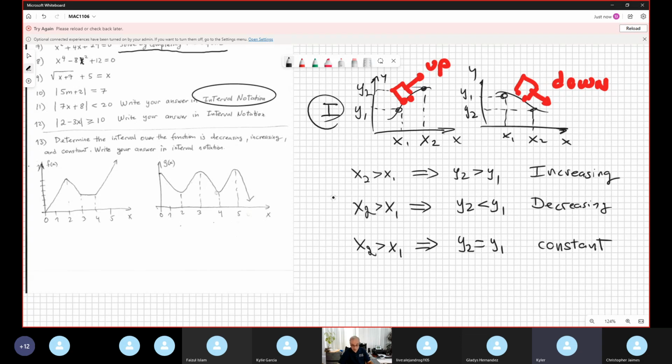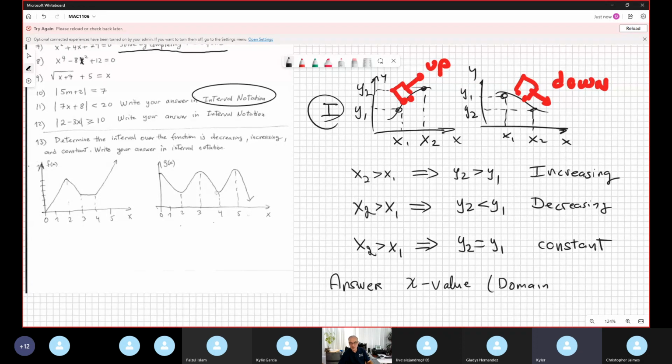Now, the confusing part is how you express the answer. You express the answer of that problem always using the x value. Never the y value. Because the x value is the most important, because it belongs to the domain.